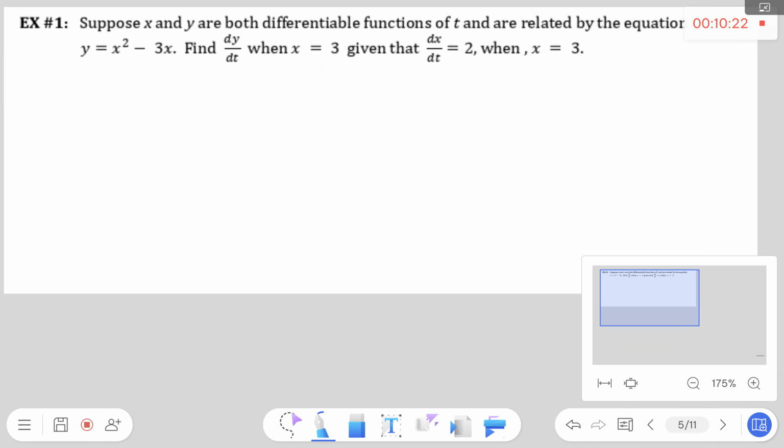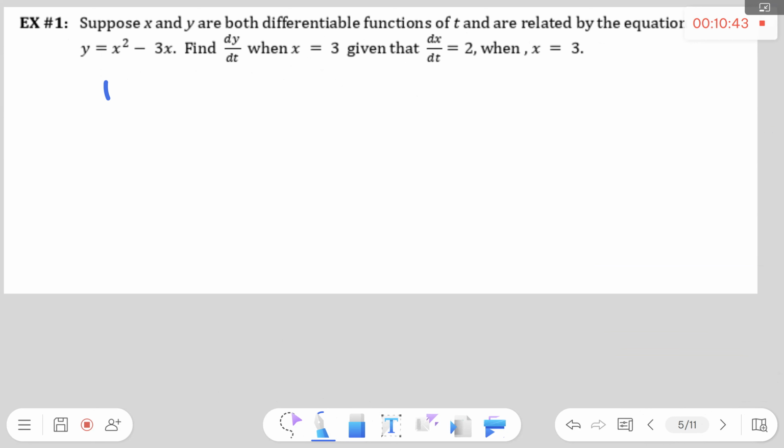So we got a function. We're finding dy/dt when x is 3, the rate of x with respect to time is 2, and x equals 3. So the very first step is to differentiate this function.